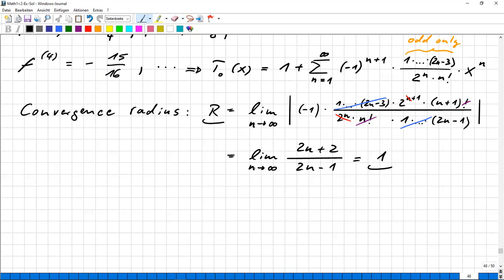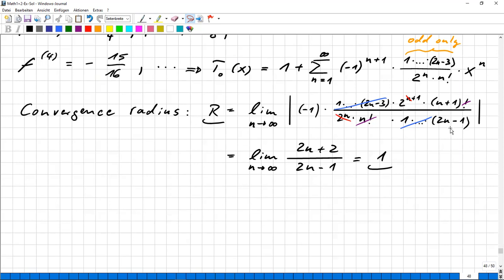Let's look together. We have the whole chain of multiplications here disappearing because all these factors are also contained here, and even one more factor, which is the highest of all, and that's the one that remains, 2n minus 1.